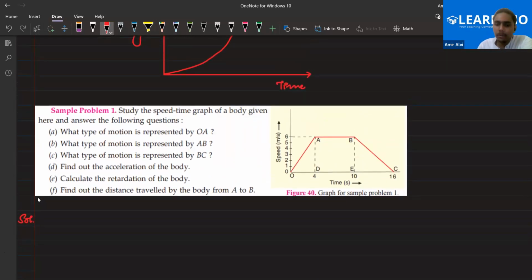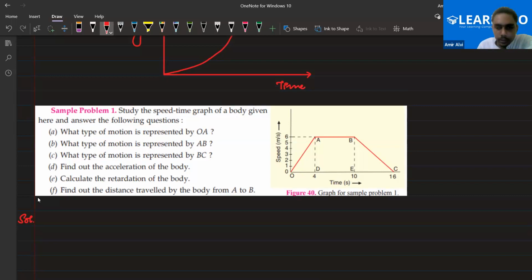As I've told you, sometimes in the question it is written as speed time graph or sometimes as velocity time graph. We have to answer the following questions. What type of motion is represented by OA, then AB, then BC? Find out the acceleration, retardation, and the distance traveled from A to B.